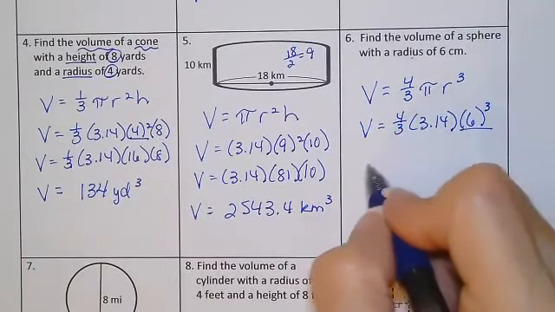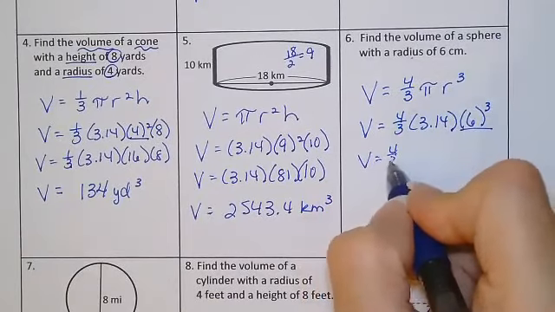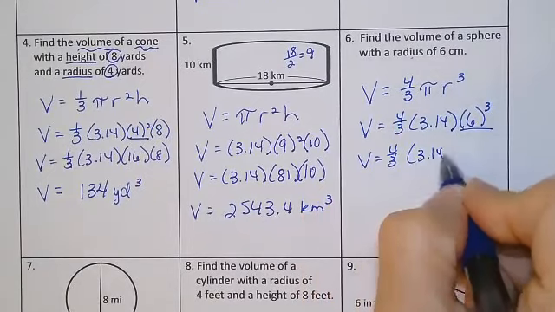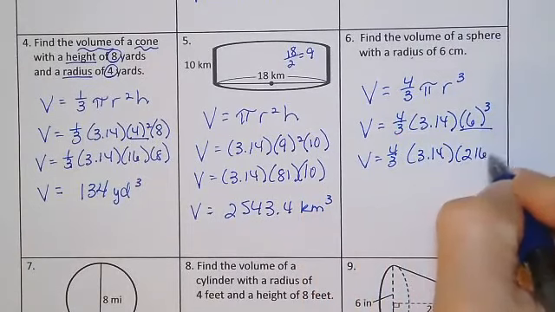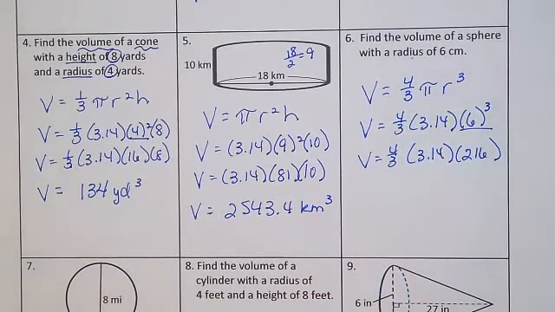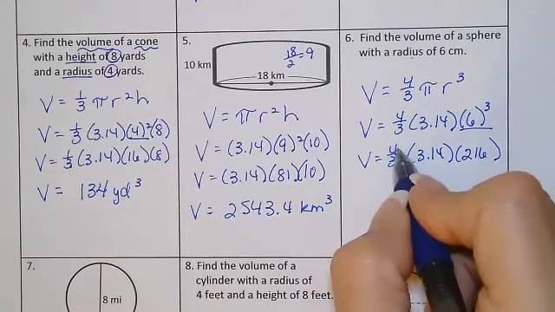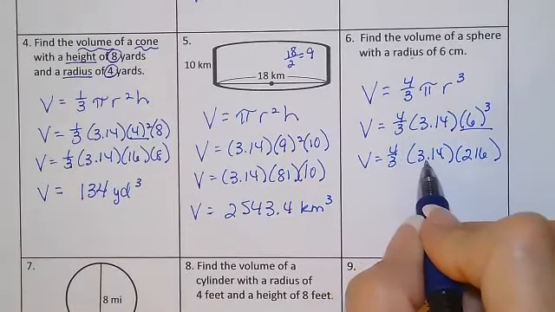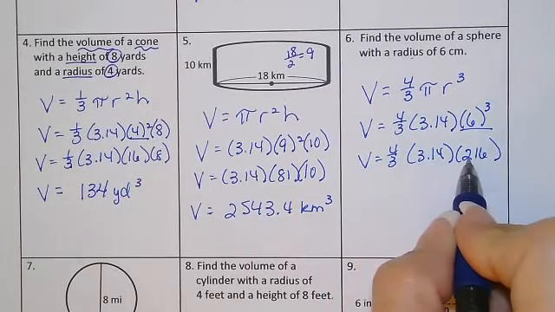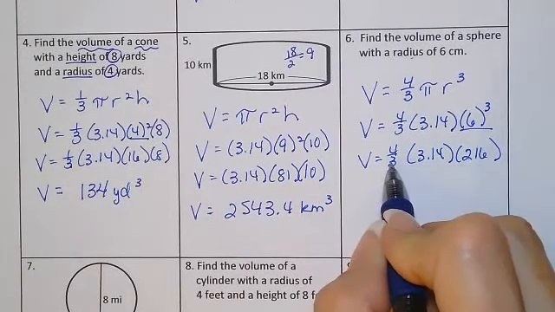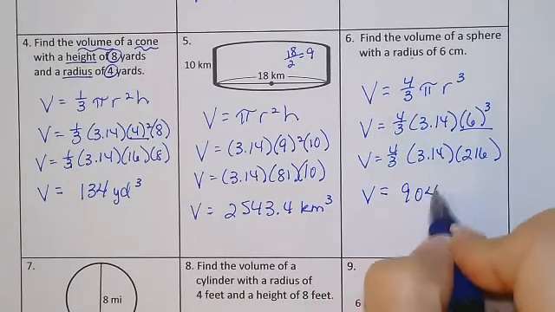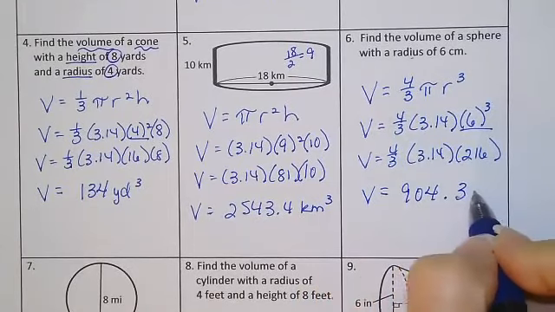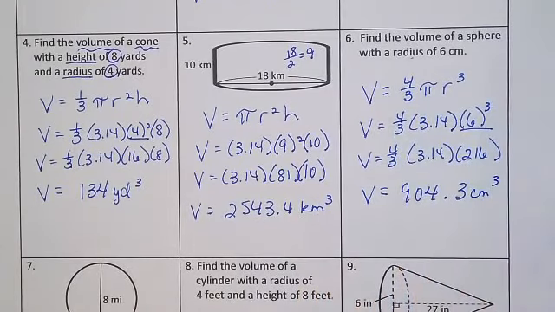So that's going to be the first thing we do. 6 times 6 times 6 is 216. Okay, so now we're going to multiply 4 times pi times 216 and divide by 3. Gives us 904.3 centimeters cubed.